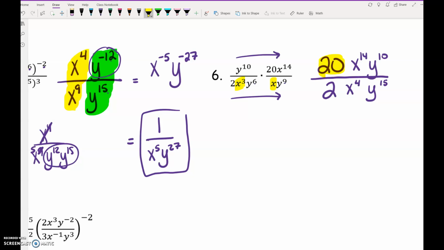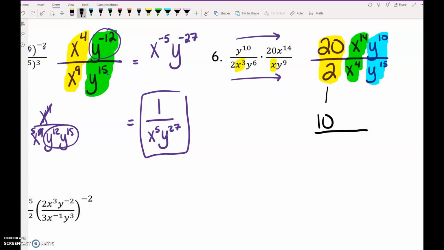Now I want you to try to finish simplifying this on your own. 20 divided by 2 gives us 10. You can do these x and y using the subtraction rule. 14 minus 4 is 10, so we have x to the 10th.